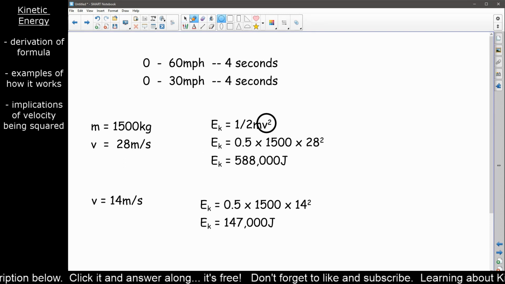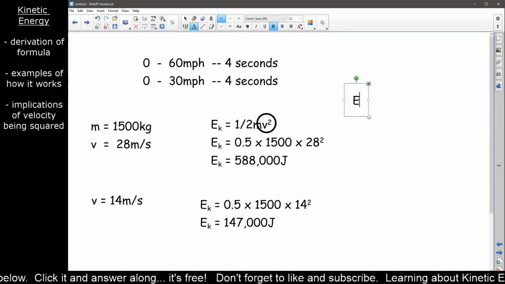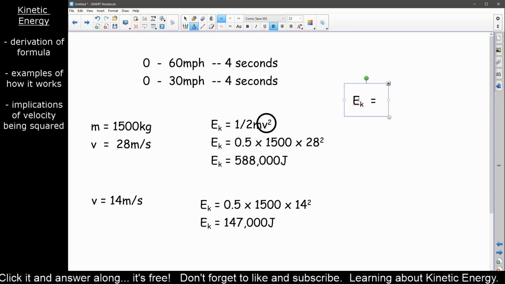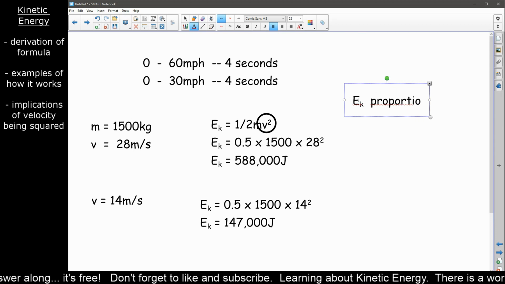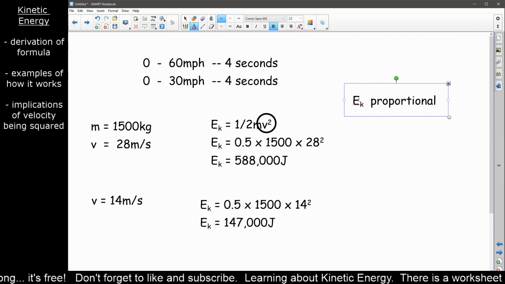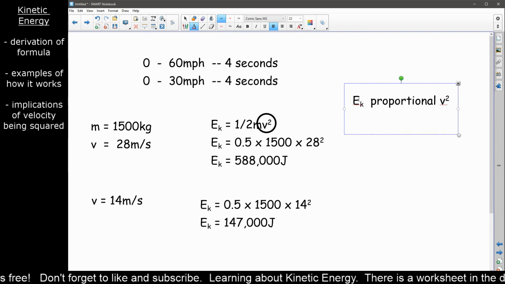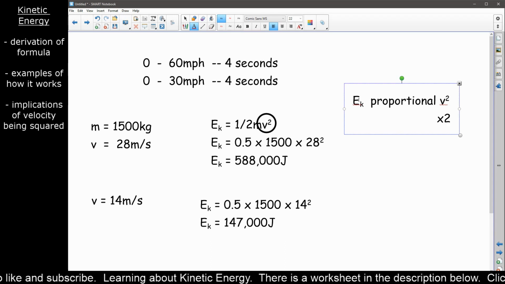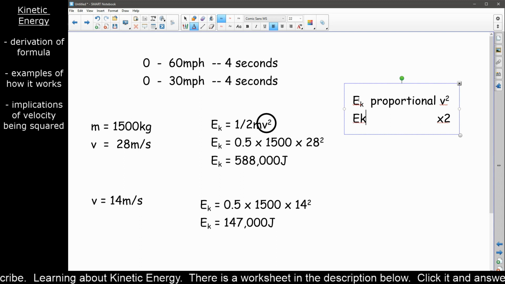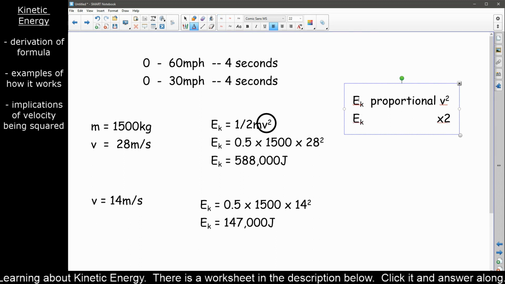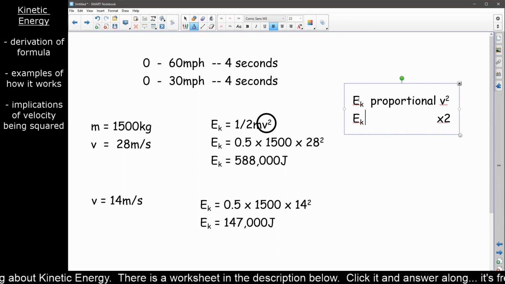Right? The kinetic energy required to get to a speed, EK, the work you need to do, is proportional to the velocity squared. And what this means is that if you want to double the velocity, you need to multiply the kinetic energy by a factor of 4.